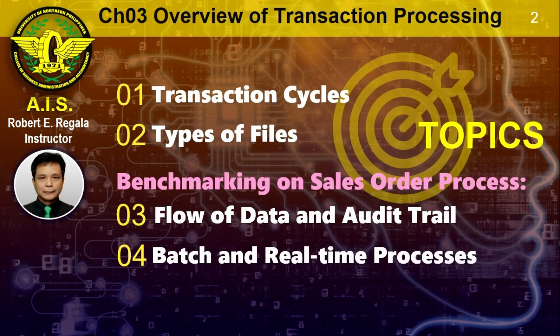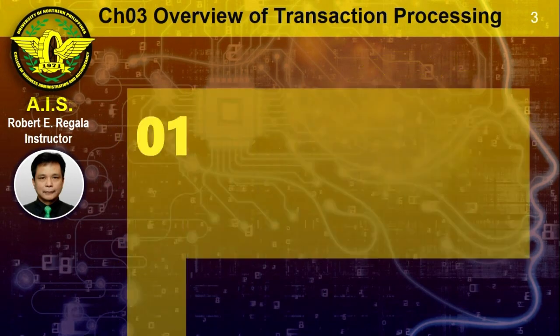Batch and real-time processing. Looks at the various processes that edit, sort, and update master files, and also a detailed example of how a real-time process can be employed in conjunction with a batch process. And on with our first topic.